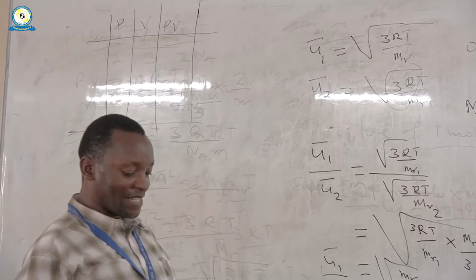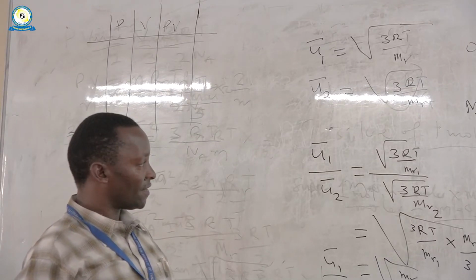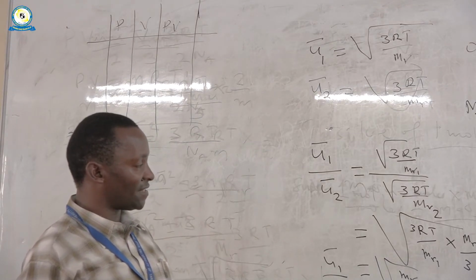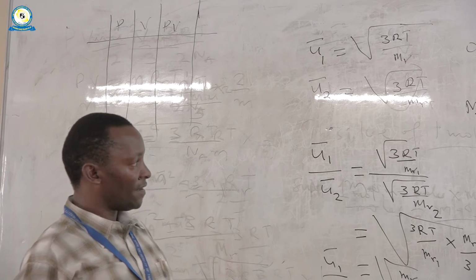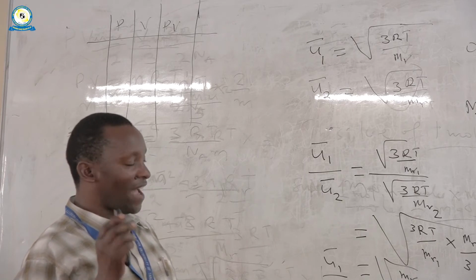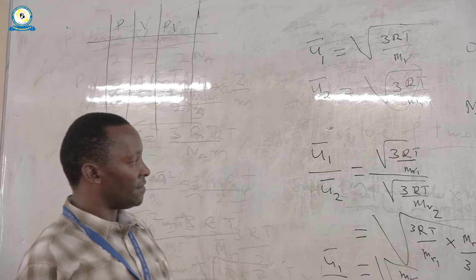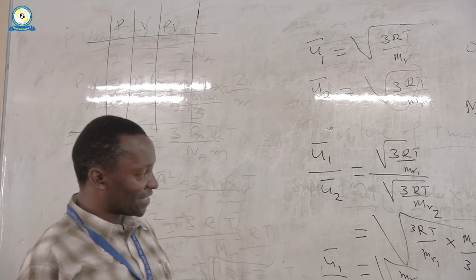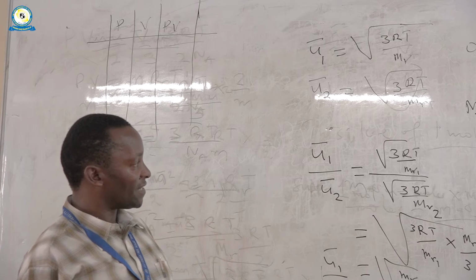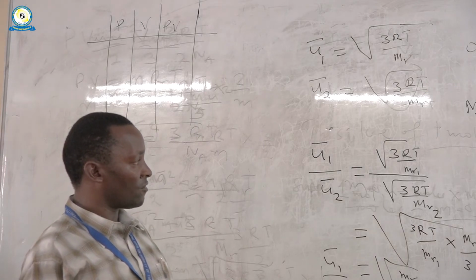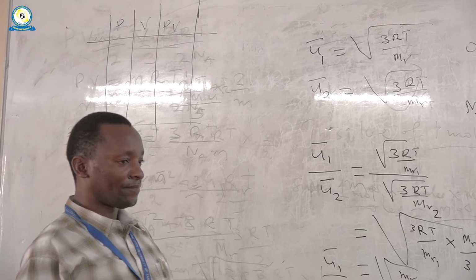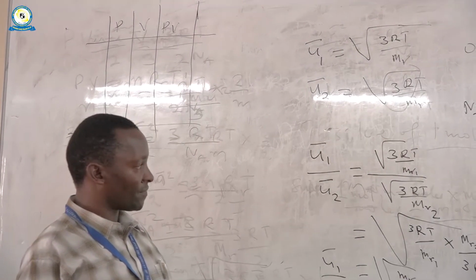What was expected was that plotting PV against P for an ideal gas, for any gas which is ideal, although the pressure increases, the product remains constant.